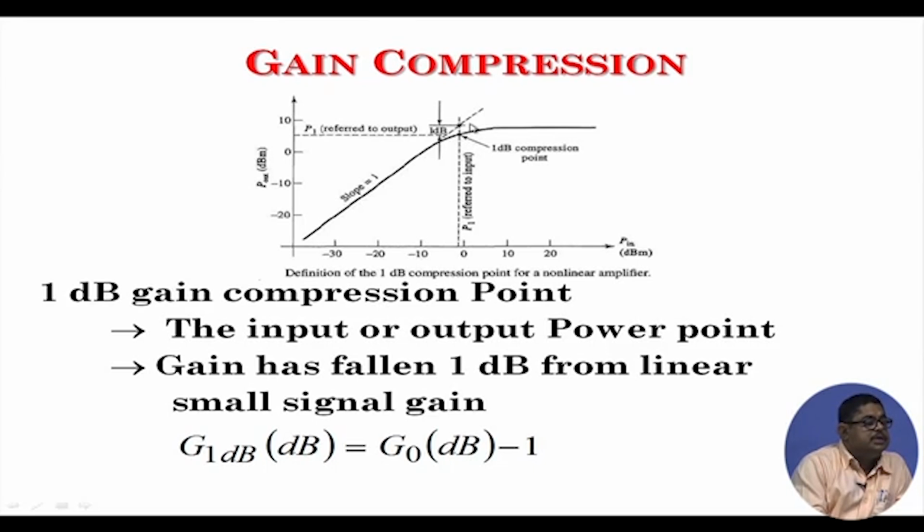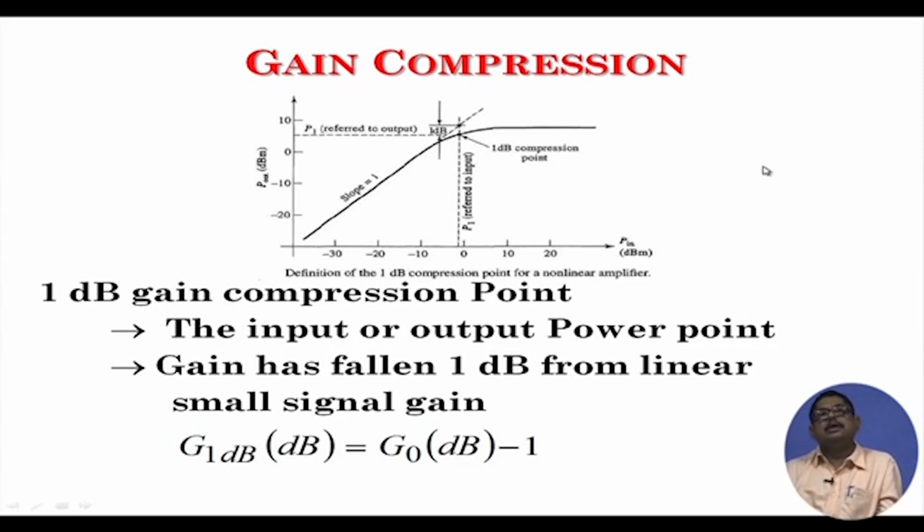I always know where this point is, and I check whether the difference is 1 dB, because had I checked it here, I would have seen that the difference between the linear thing and the actual thing is not 1 dB. But the moment it becomes 1 dB, we characterize that in the actual graph this point represents the 1 dB compression point. This is the input 1 dB compression point, this is the output 1 dB compression point.